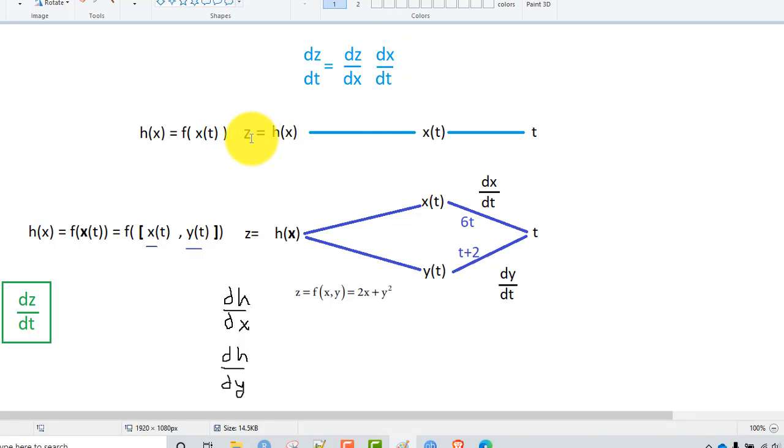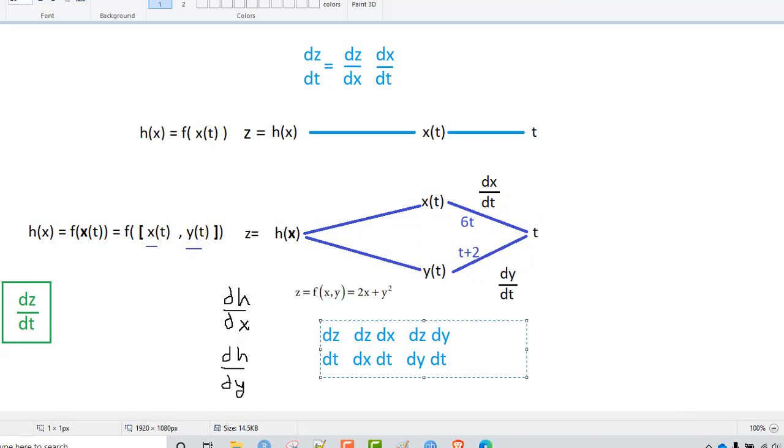So this says that if we want to know how z changes with respect to a change in t, we ask, how does z change with a change in x, and then how does x change with a change in t? But now in the more complicated situation, z depends on two things, small x and small y, and they are each going to depend on t. So the expression should be more complicated.